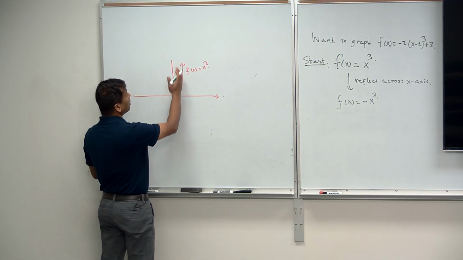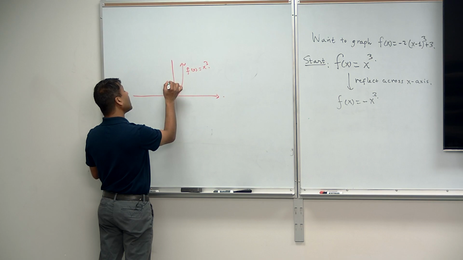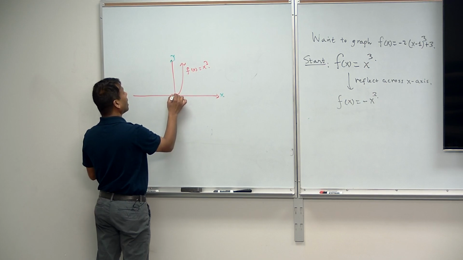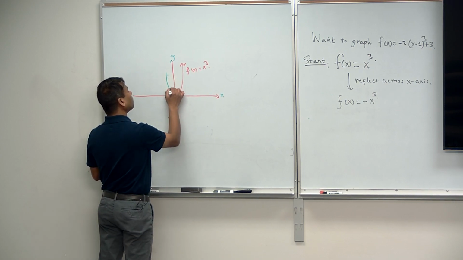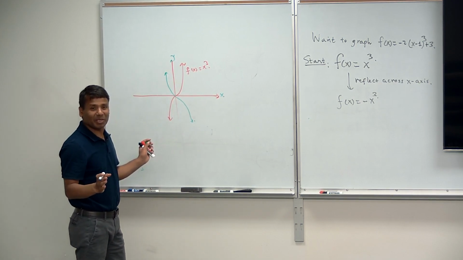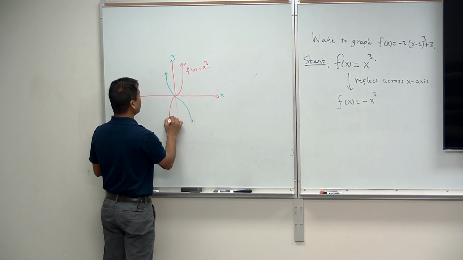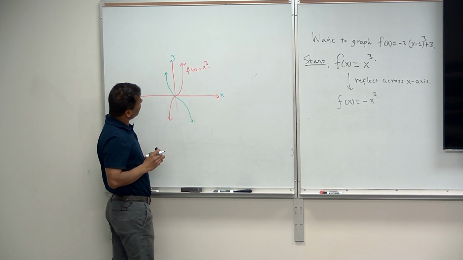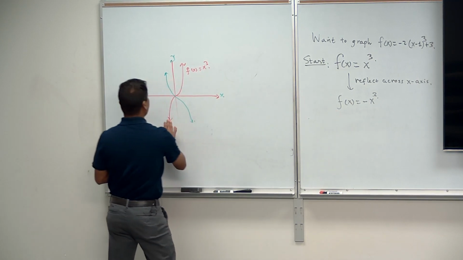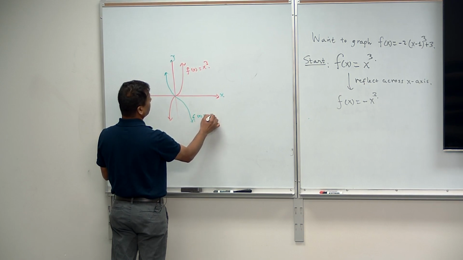This is your x-axis, this is your y-axis. I'm not good at drawing, but you see what I mean. So this is the reflection: the image of this part is this, and the image of this part is this. Does that make sense? So now you got the graph of this function. The green one is f(x) equal to -x cubed.